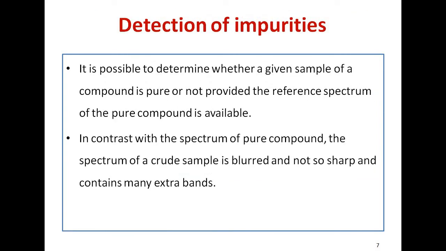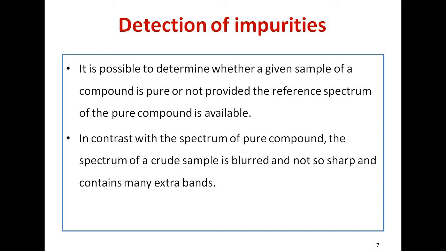The next important application is the detection of impurities. It is possible to determine whether a given sample of a compound is pure or not, provided the reference spectrum of the pure compound is available. In contrast with the spectrum of the pure compound, the spectrum of the crude sample is blurred and not so sharp and contains many extra bands.